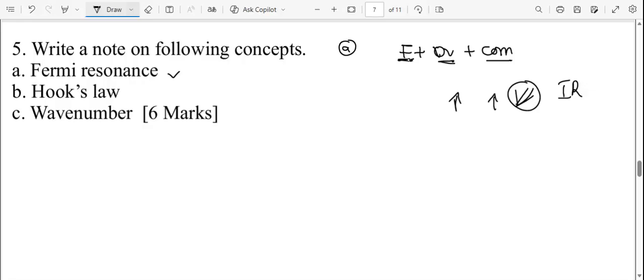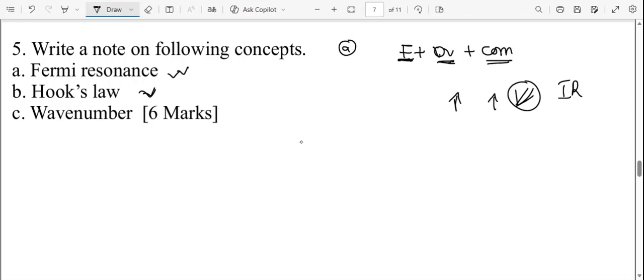So Fermi resonance is the interaction of these three: fundamental, overtone and combination. We want them to be of similar energy, resulting in band splitting, thereby increasing the intensity or changing the IR spectrum. Those are the short notes you can write there.